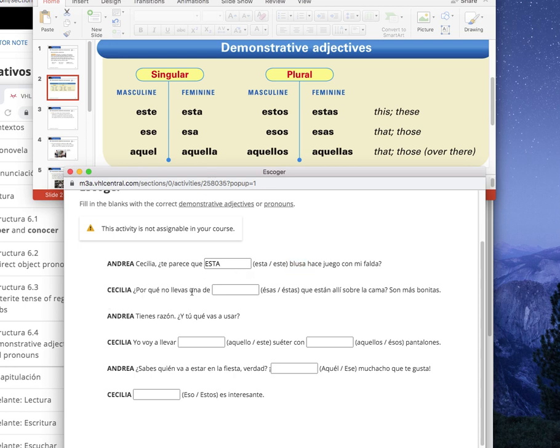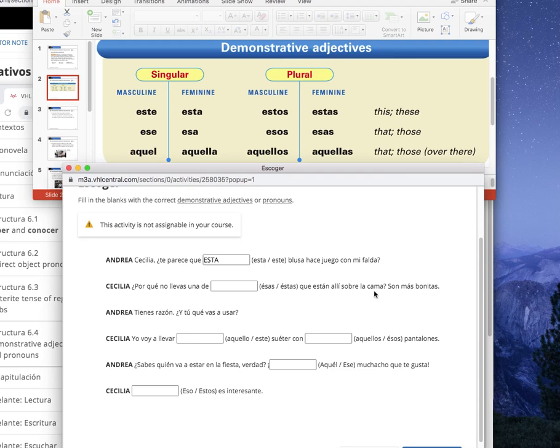Cecilia, ¿por qué no llevas una de, so we would say esas o estas, que están ahí sobre la cama? Son más bonitas. Pause it. Alright, and we're back. So we're still talking about blusas, but now it's plural, because we say que están ahí sobre la cama, son más bonitas.